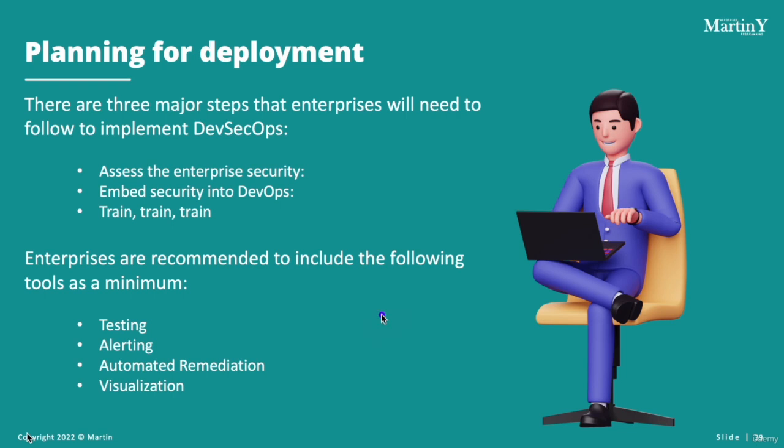Tools for testing are highly recommended, and testing is one of the critical elements of DevSecOps. The market provides a massive number of tools for performing tests. The next type of tools we need are alerting tools. When security threats are detected, alerts need to be raised and sent out. Then we need tools for automated remediation, such as StackStorm, to help provide remediation as soon as security issues are detected.